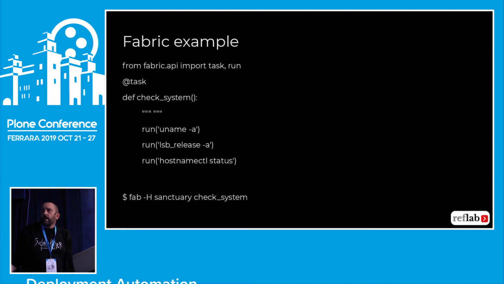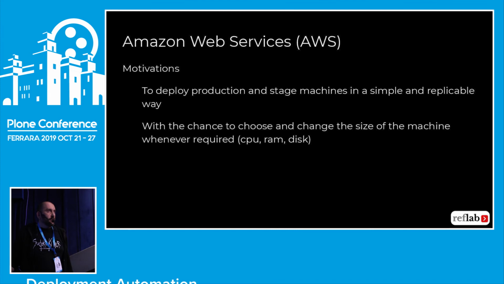And I run this from the command line, from the shell, with fab -H, the name of the host, and the task I want to run. The real installation script is something like 300 lines of code.